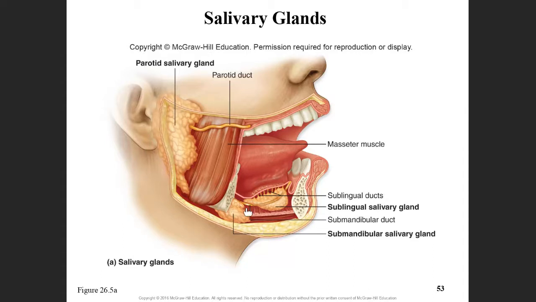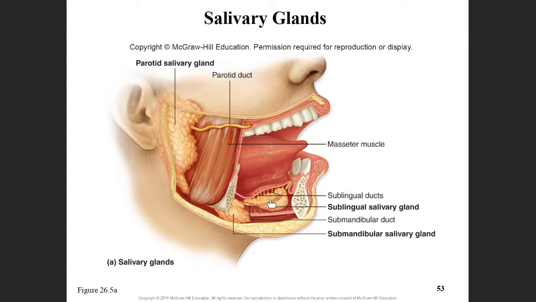We have a duct, which we call the submandibular duct, which brings this saliva into the floor of our oral cavity on both sides of the lingual frenulum. And the next salivary gland is called the sublingual salivary gland. It's located inferior to our tongue and medial and anterior to the submandibular salivary gland.